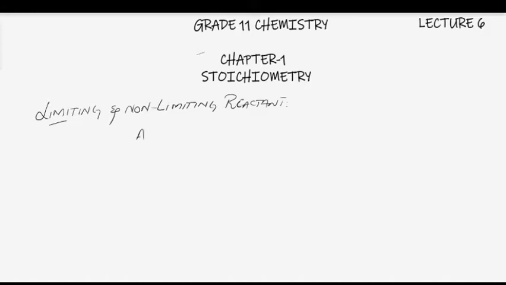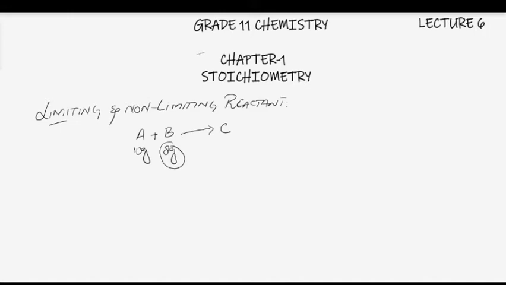For example, we have a chemical reaction in which A reacts with B to yield C. Now, if you are asked to perform a chemical reaction between 10 grams of A and 8 grams of B, does it really mean that because B is present in smaller quantity, that is 8 grams, B should be the limiting reactant? Not at all. That is not the case.